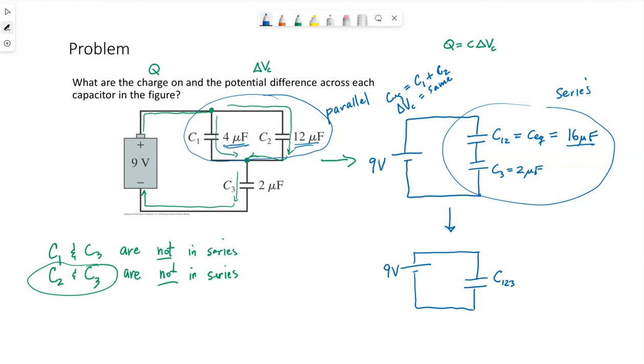Okay, well, in series, our equivalent, which I'm calling C123, is 1 over C12 plus 1 over C3. So 1 over 16 plus 1 over 2. That's nice enough. They gave us a common denominator. So 1 over C123. Let's see. If we make that 16, we need 8. So 9/16. We still need to flip it, though, to get C123.